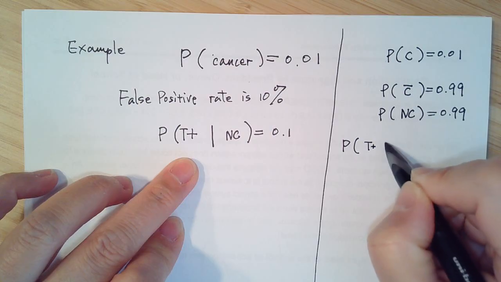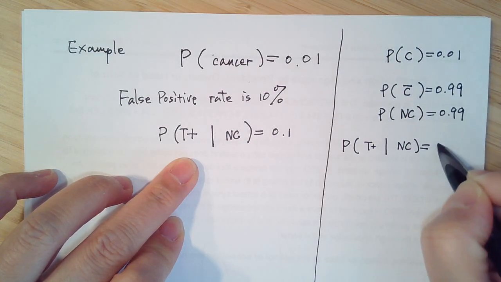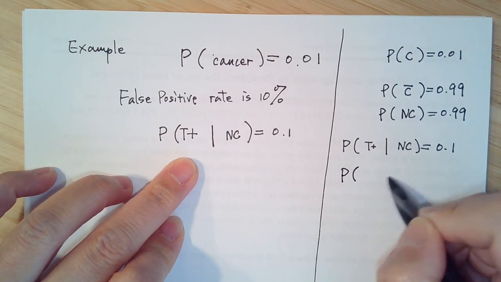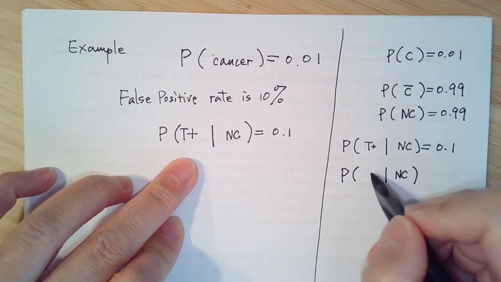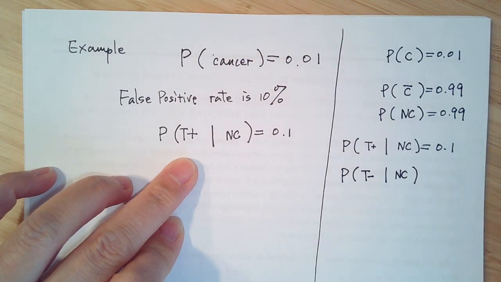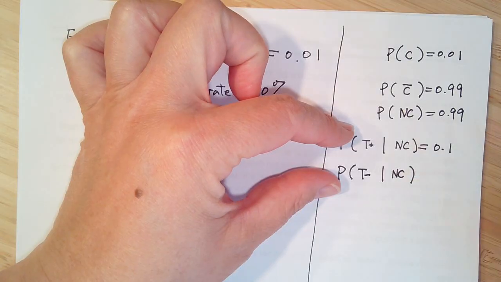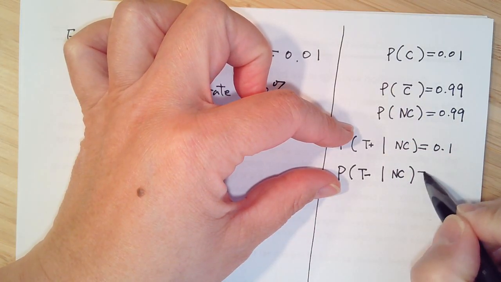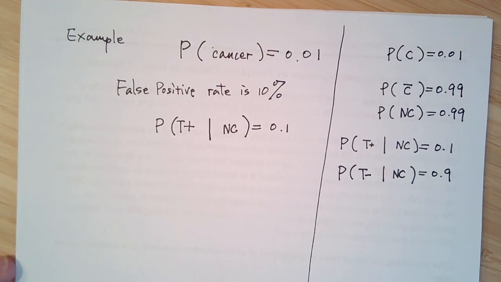What would be the chance, with the same condition, no cancer, that the test is negative? These two are complementary to each other, either positive or negative, given the same situation. So that would be 0.9. Sounds good?